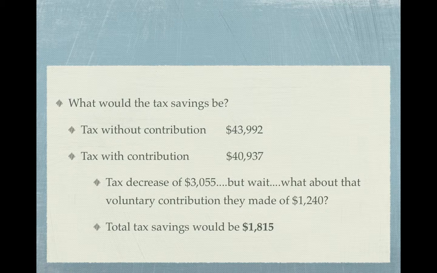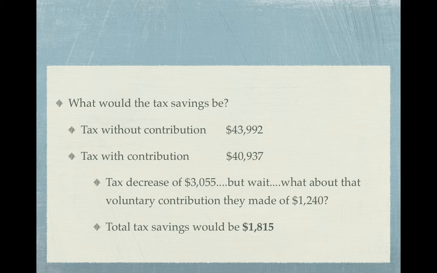So you could say that without the contribution, the following year, they were going to be contributing 43,992. With the contribution, it would be 40,937. That would be a tax decrease of 3,055, but you can't stop there.